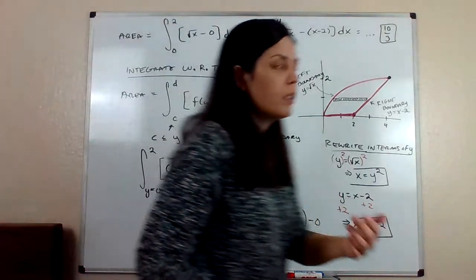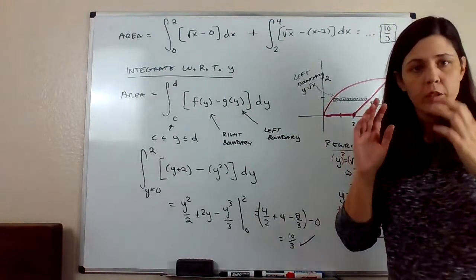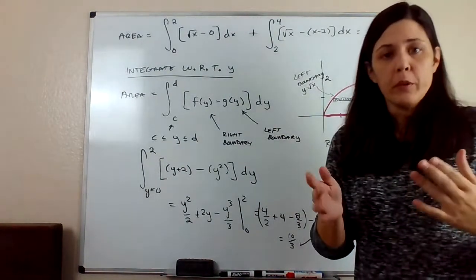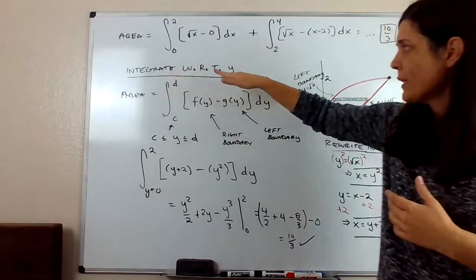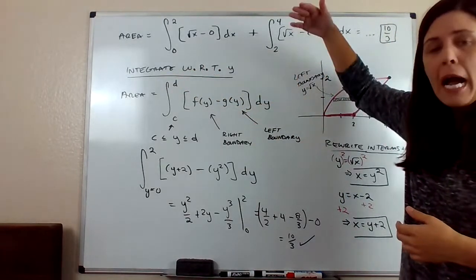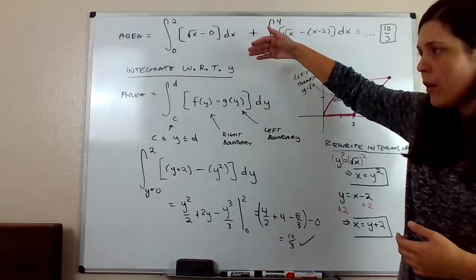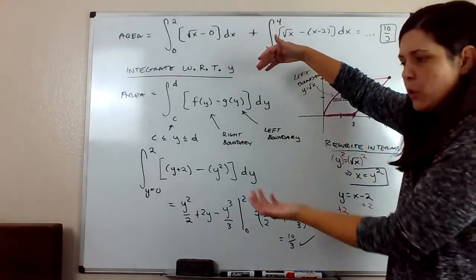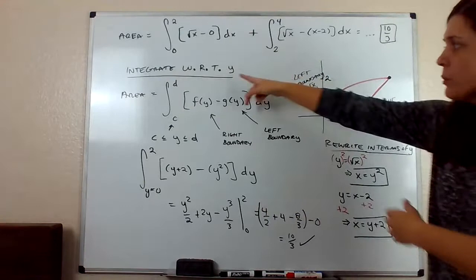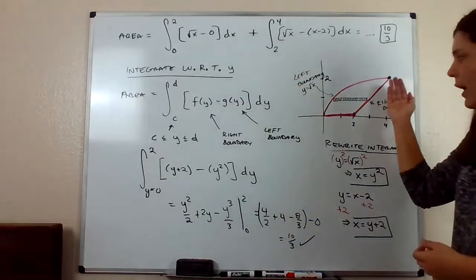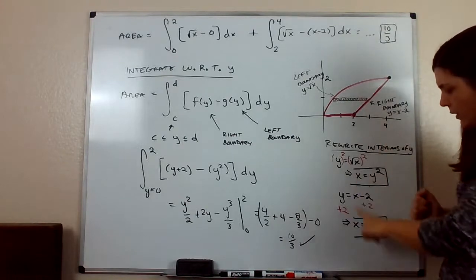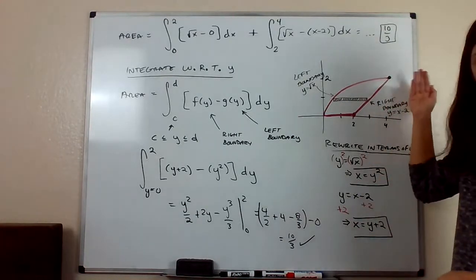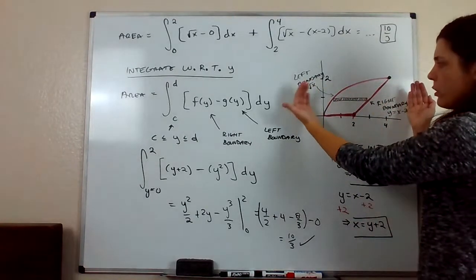So what we did over here, you basically think about bigger numbers. In the first instance, when we were integrating with respect to x, the bigger numbers were higher up. Upper bound was bigger numbers minus lower bound, which is smaller numbers. In terms of y, the bigger numbers are to the right because x is bigger over here. So when x equals something, the bigger numbers are to the right, and the lower numbers are to the left.